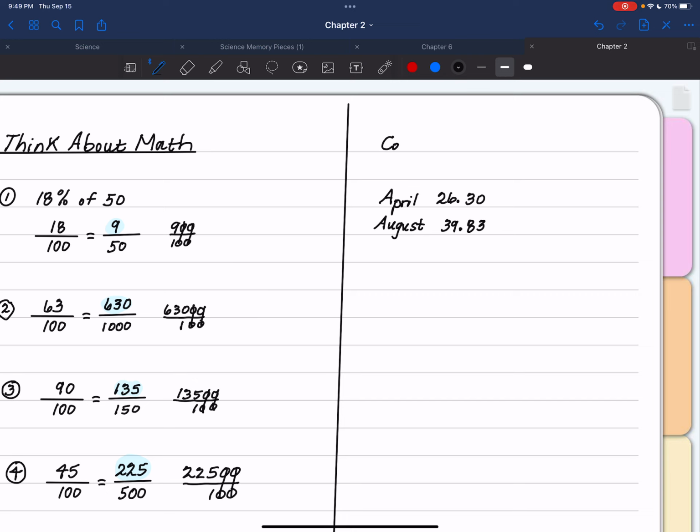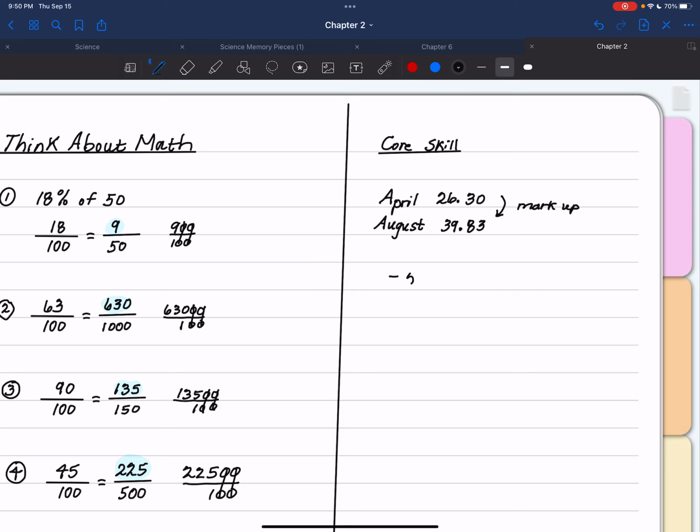So, first of all, how can I tell that this is an error? This is sort of a test-taking skill. Would you agree that from April to August, it was a markup? Got bigger.